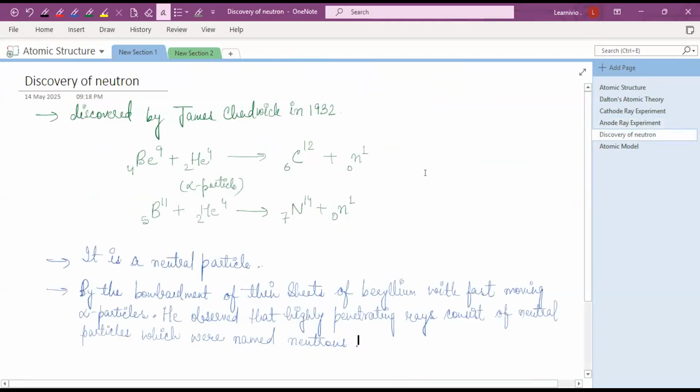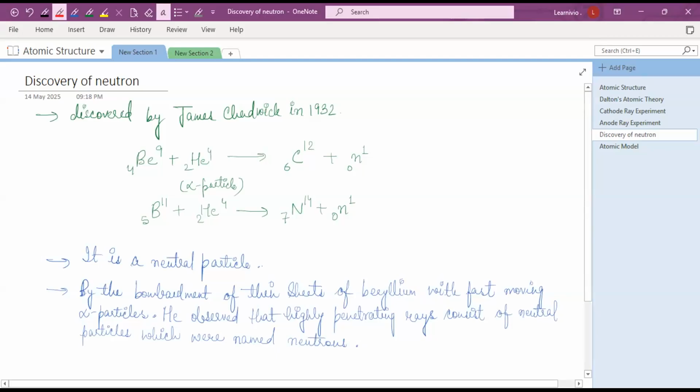Okay, let's see the discovery of neutrons. What is neutron? Neutron is a neutral particle. But how did we come to know that neutron is a neutral particle? It was discovered, and James Chadwick told us that neutron is a neutral particle, right?